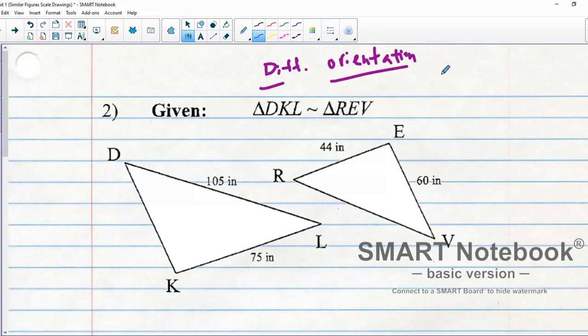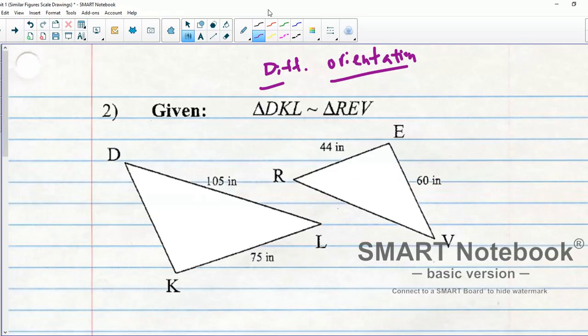Yeah, they're not facing the same way. So right now, press pause, and in your notebook, redraw this triangle REV so that it looks like the way that DKL is sitting. And then you label the sides and find out what the missing side is. Okay, so press pause right now.